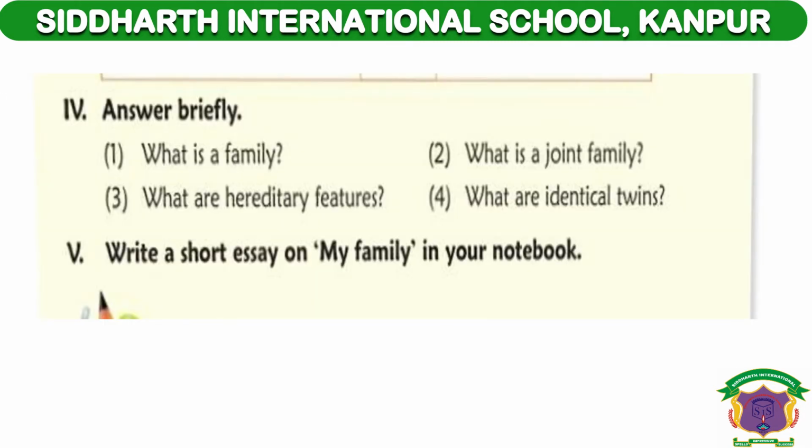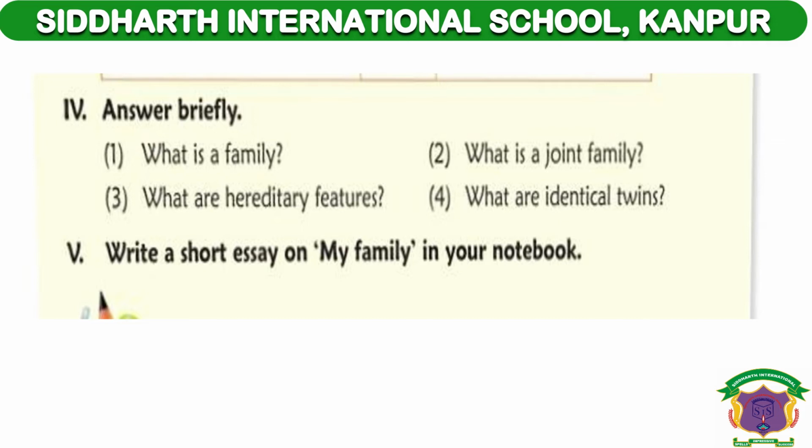Very easy, right? Next is, what is a joint family? So they are asking you about joint family. Children, here remember, they can also ask you about nuclear family and single parent family. So you need to be well informed about all the three types of family.